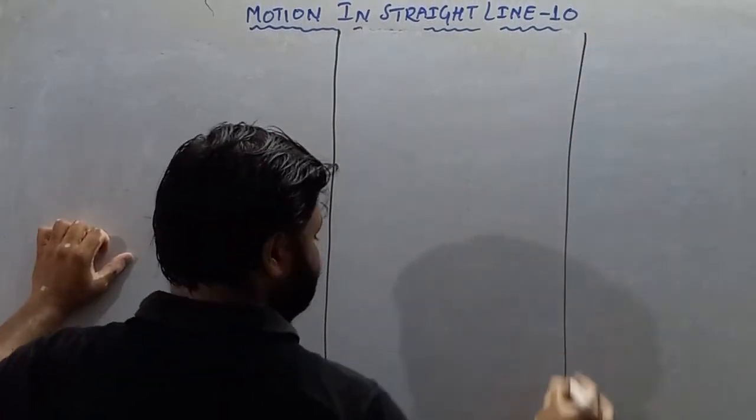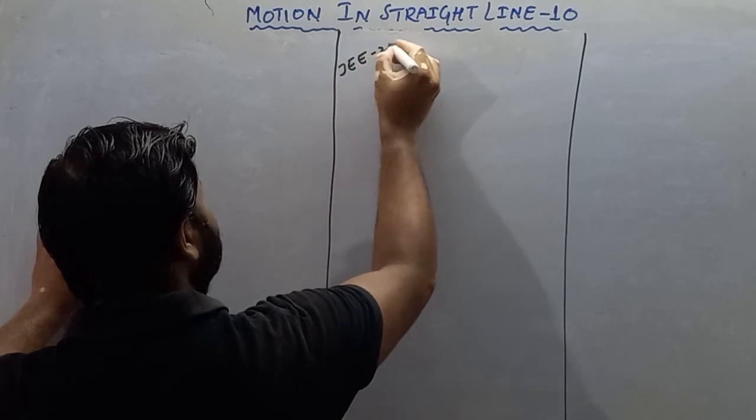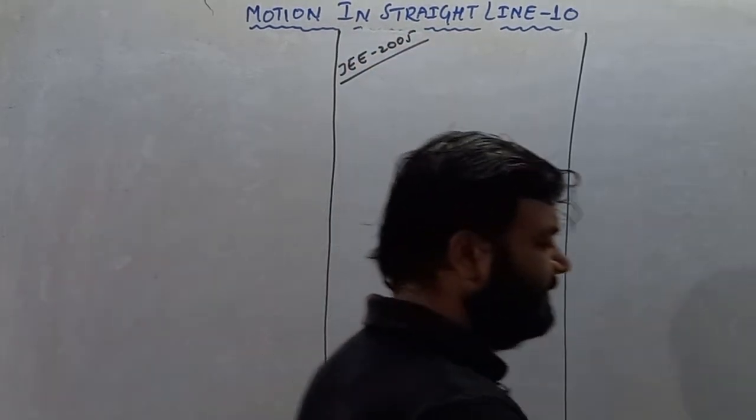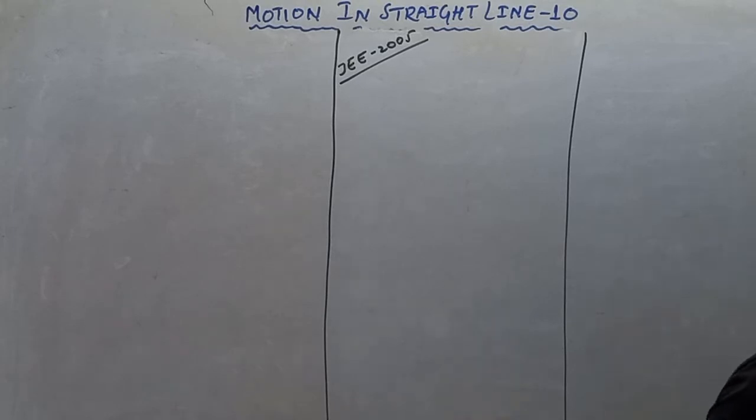The question says: a parachutist after bailing out falls 50 meter without friction. What are they saying?